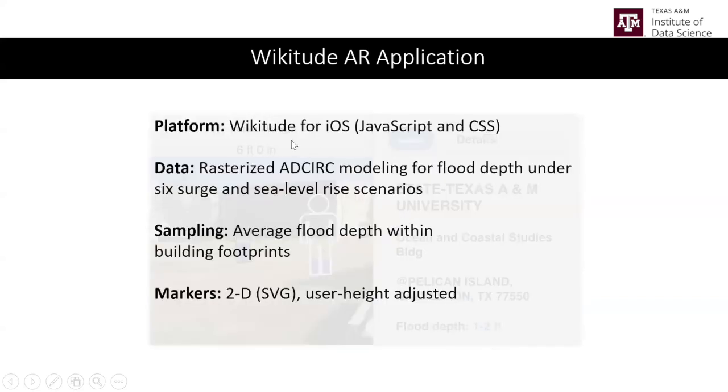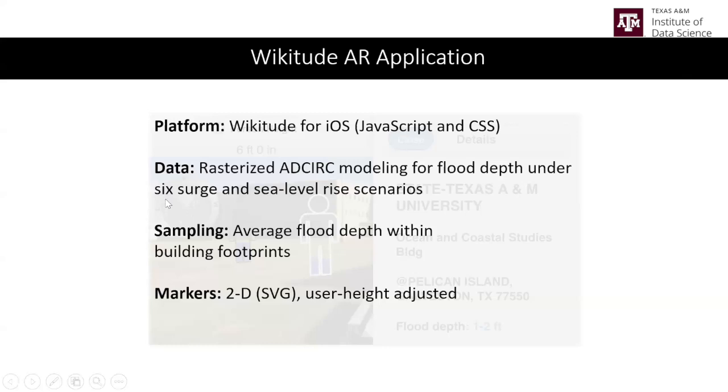So I already mentioned the platform, Wikitude for iOS. As I said, it's not supported any longer, but it was a JavaScript-based platform, which permitted development using CSS and web-based languages, which was nice because I already had experience with JavaScript, CSS, things like that. The data on the back end was rasterized ADCIRC modeling for flood depth under 6 surge and sea level rise scenarios.